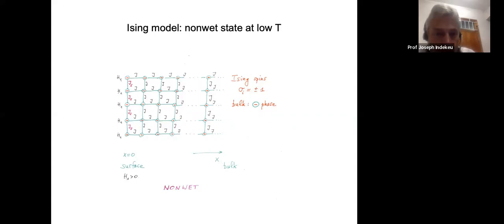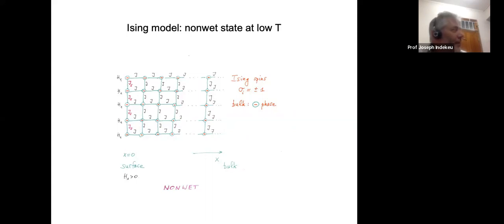Now, given the minus phase very far out to the right, all the spins have to be minuses because they all want to be aligned. But now we're going to try to pester the system a bit, and we're going to choose a positive surface field. A positive surface field, why? Because we were interested in the possibility of having the plus phase coming into the picture.